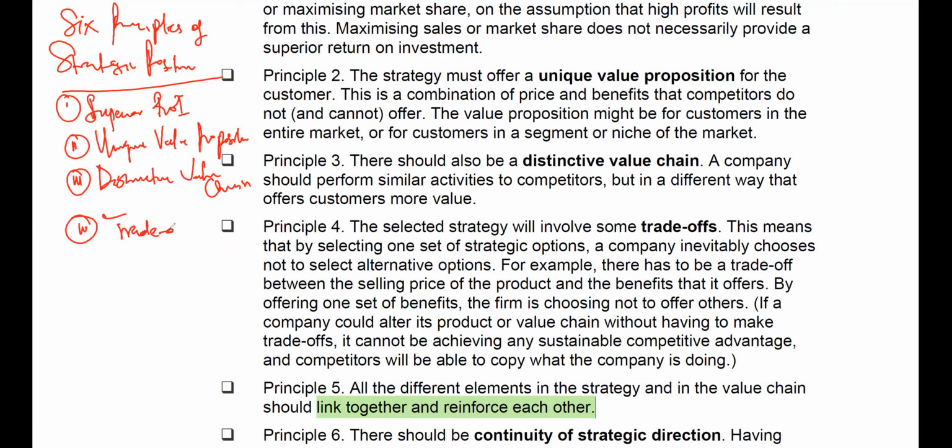So what trade-offs are you willing to offer? And there must be a linkage together in the value chain, right? And then what? Consistency of strategy, right? Consistency of strategy or continuity of strategic direction. So write it down. So these are the 6 principles you can hold on to or apply when you want to achieve consistent competitive advantage.